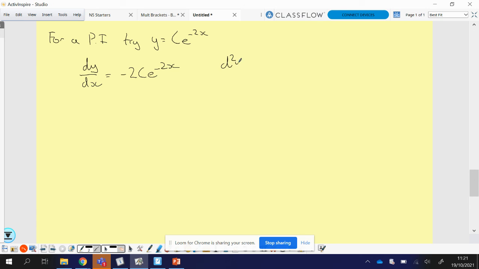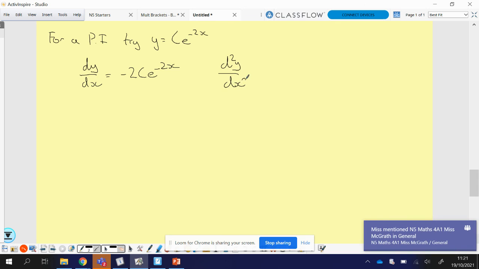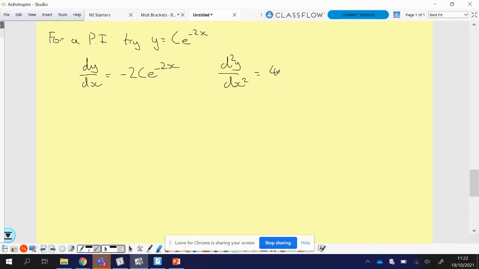If I want the second differential, negative 2 comes down again, negative 2 times that negative 2 is plus 4, so it's 4c e to the negative 2x. So that's the data that I've got for my guess.